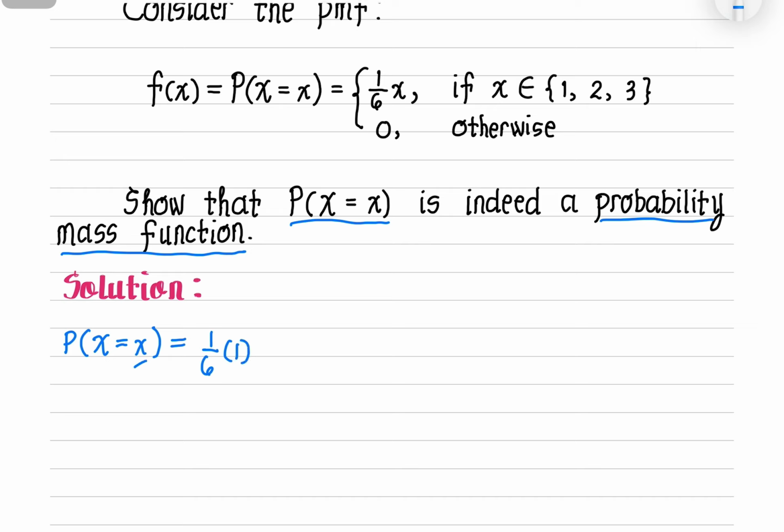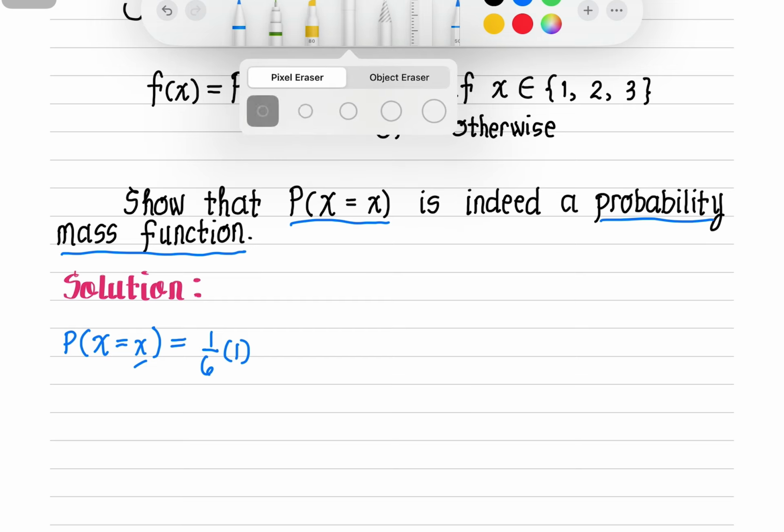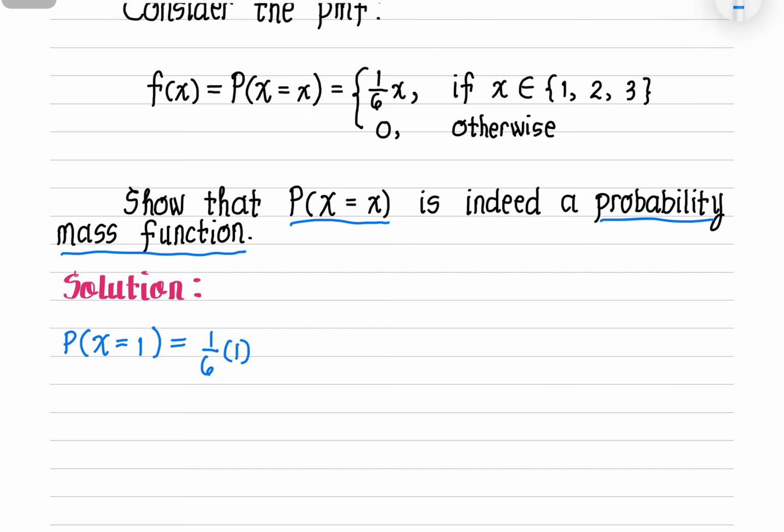So, actually ito, yung formula natin na to, we can already substitute na, no? Okay, so let me change. Ayan. And then, so simplify, 1 times 1 is equal to 1, and then over 6, right?